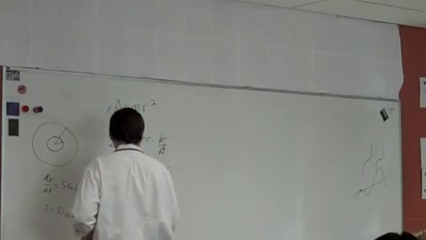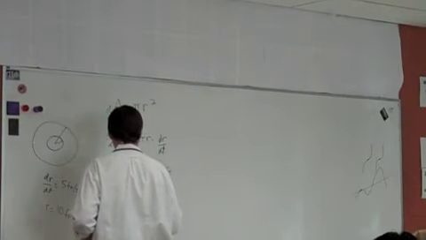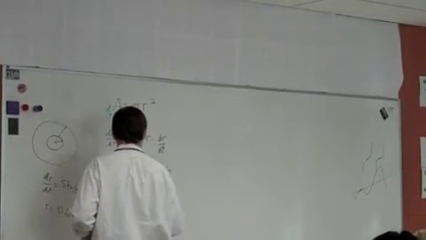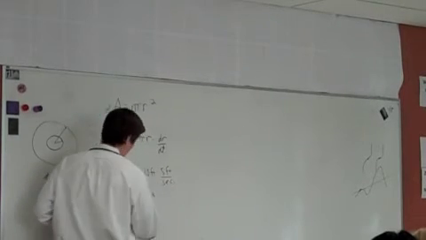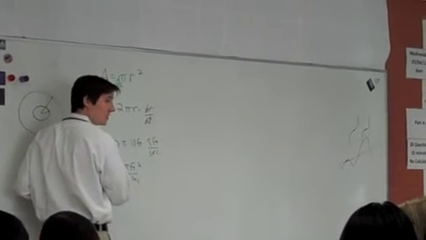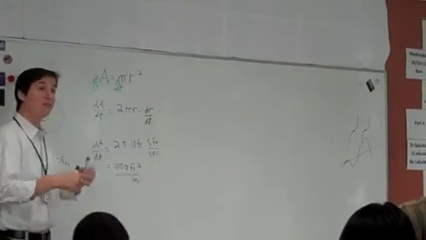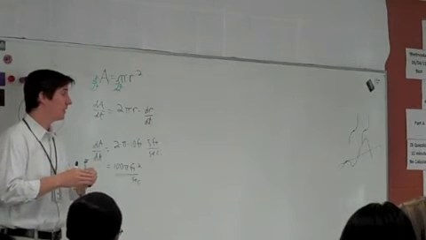So I get 100 pi feet squared per second. And is this a make sense answer for my change in area over change in time, a number square feet per second? It matches up, and it should.